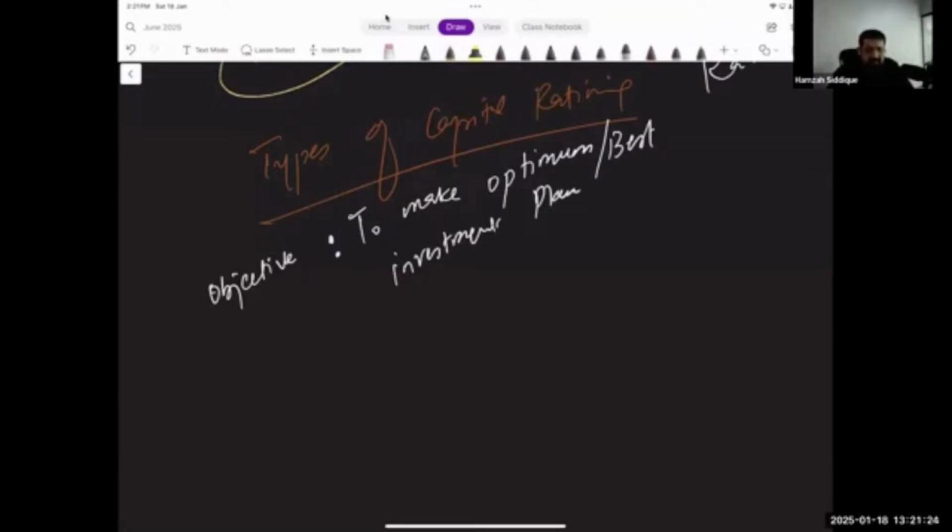What is the best investment plan? The one which has the highest NPV of projects for the company. The best investment plan we need to make.